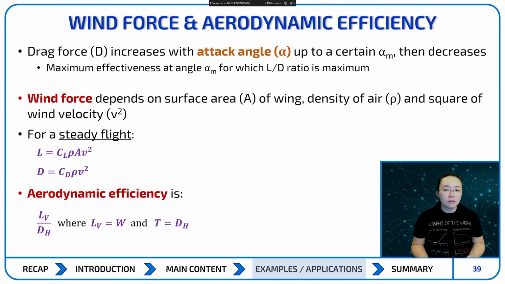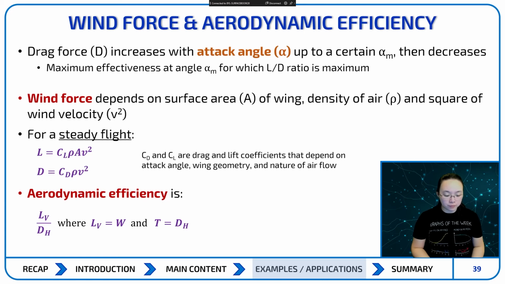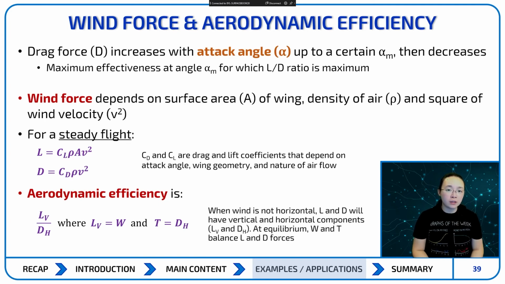If you have steady flight, then your lift is going to be equal to some coefficient of lift multiplied by the density of your air multiplied by the area of your wing multiplied by v squared. If you're looking at drag, you also have some coefficient of drag, and that is going to be multiplied by your density as well as v squared. So these are just values that you can use to determine the lift and drag of a system that you're given.